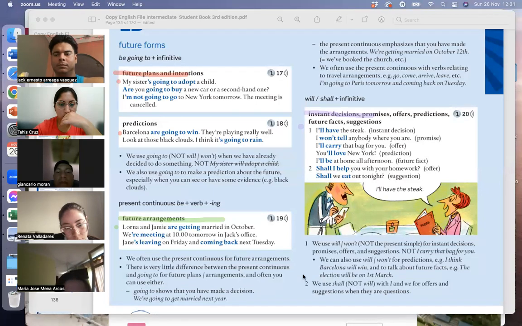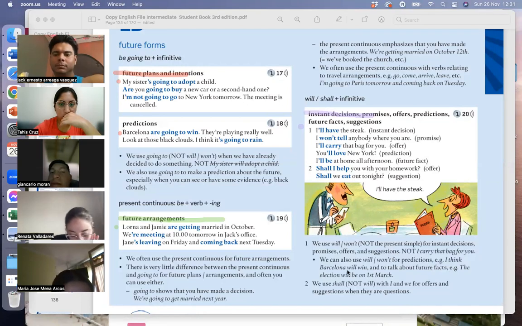We use will, won't, the present simple, for instant decision, promise, offer. We can also use will for prediction.